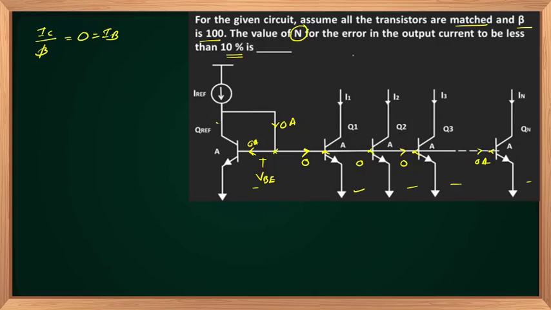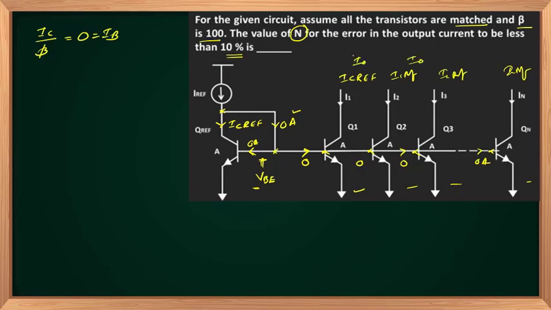In that case, the I reference, or the collector current flowing into the reference transistor, is the same as my I reference, because this branch current is equal to 0. As my base emitter voltages are the same for all transistors and all transistors are exactly matched with beta equal to infinity, the collector currents of the individual transistors are the same as the collector current of the first, or reference, transistor. These are my output stages.